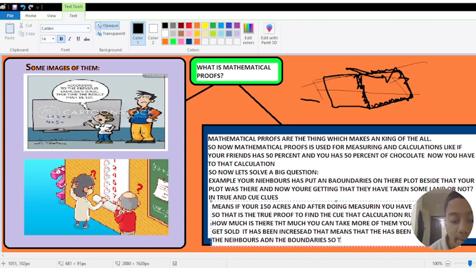So this was the whole topic. I hope you understand what mathematical proofs are.